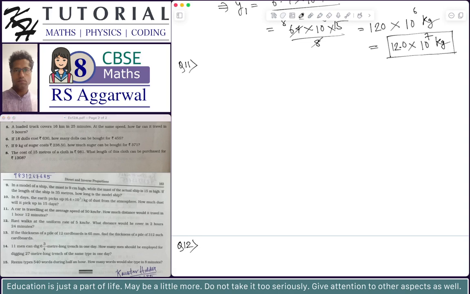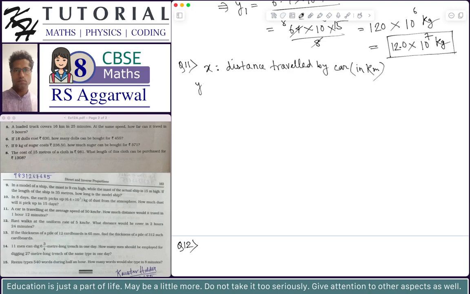Okay. So let's identify the quantity x. Let x be the distance traveled by car, and this should be in kilometer.